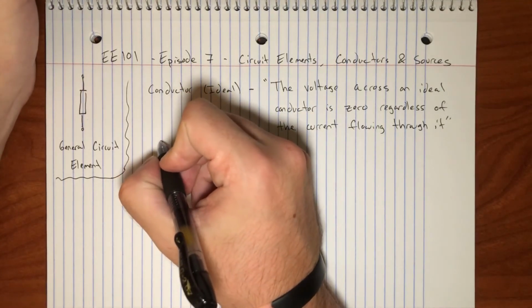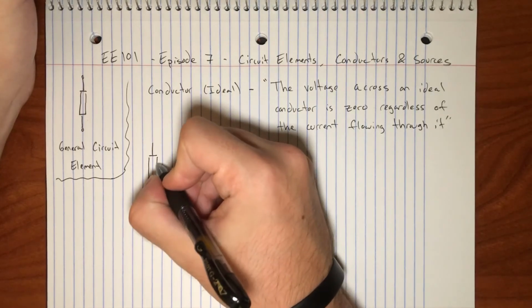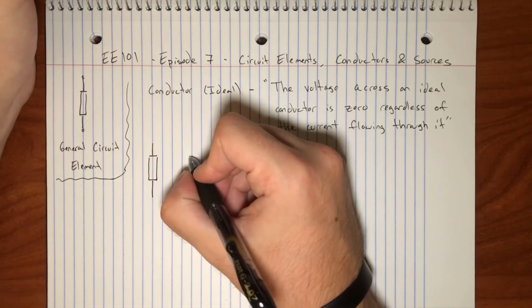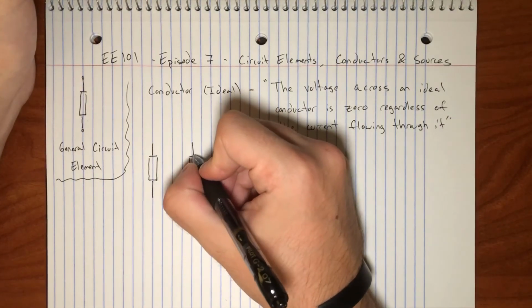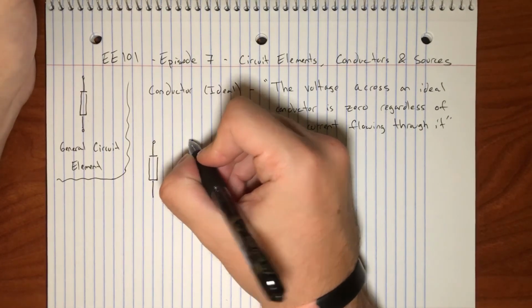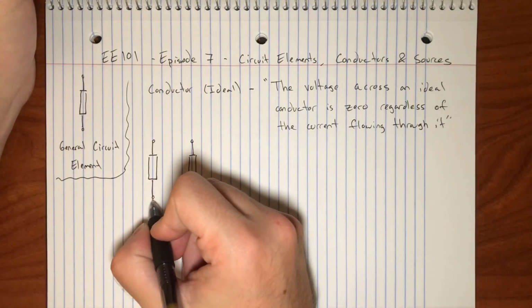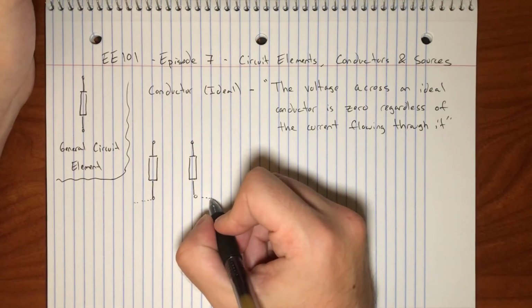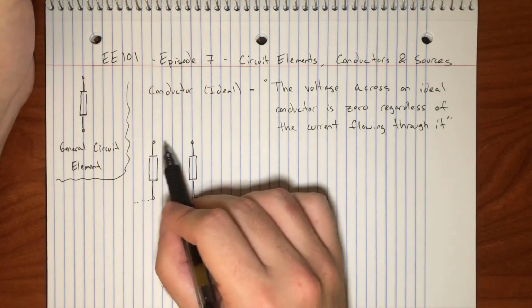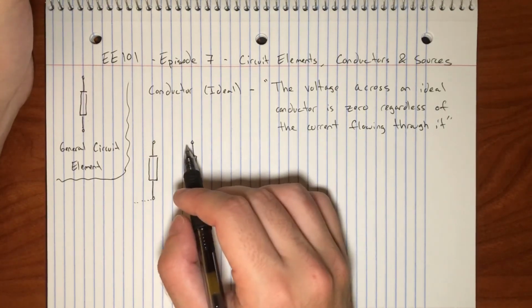So let me draw two circuit elements here. And now let's say this end of each element goes off and does something else in the circuit, and we're just concerned with these two terminals of the two elements right here.